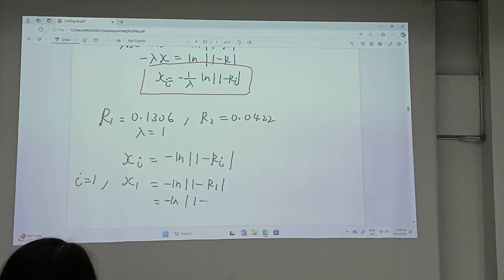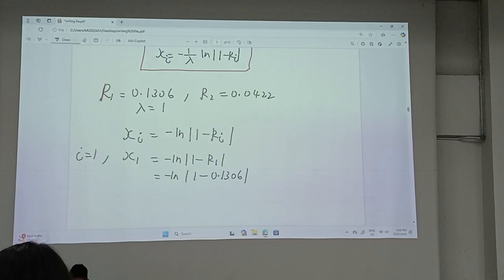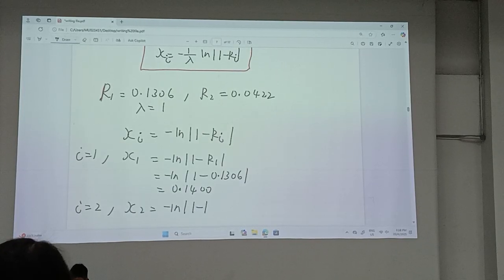Applying R1, which is given as 0.1306, press the calculator and you will get 0.1400, rounded to 4 decimal places. Then i equal to 2. Here will be R2.